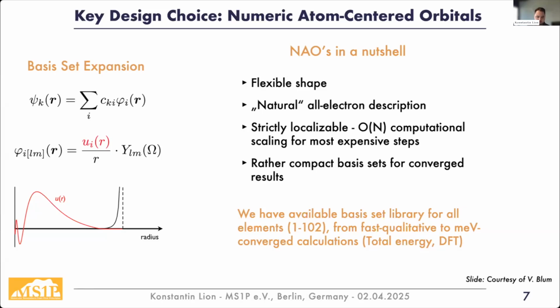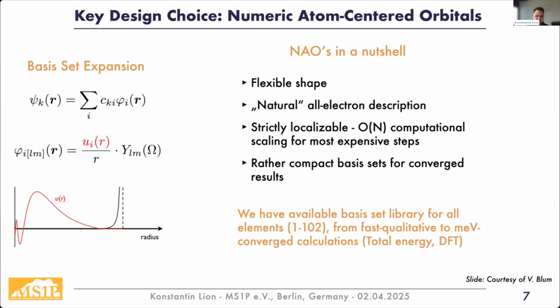Then the important thing is you are quite flexible, but you still have to decide on what kind of basis functions you want to use for all the elements. And so for this, within FHI-aims, you already have a basis set library available for the elements 1 to 102. Which differ in whether you want fast qualitative results or really milli-electron-volt converged results with respect to DFT calculations and total energy. We also have basis sets that go beyond just simple DFT.